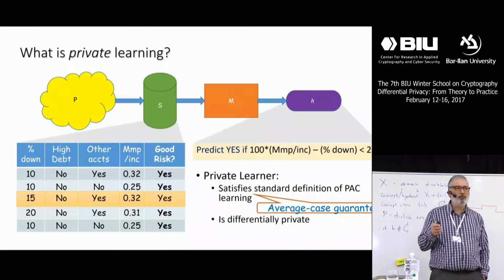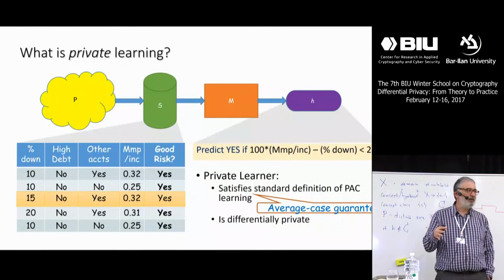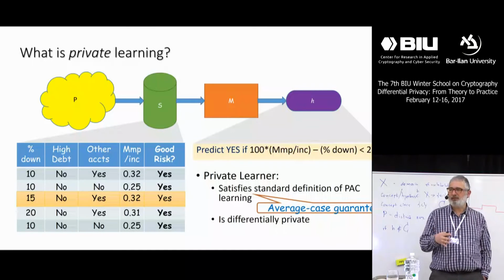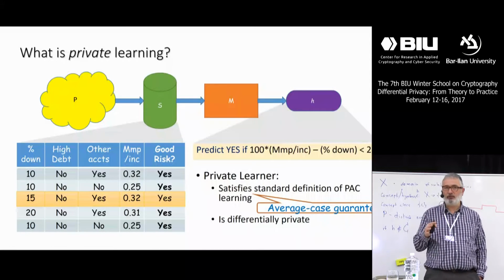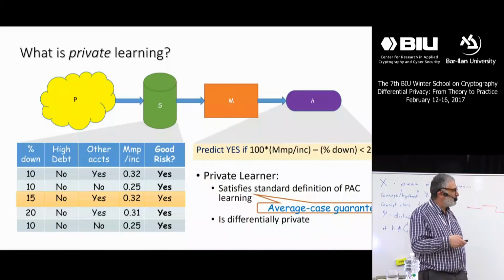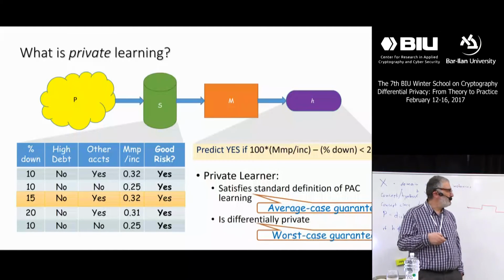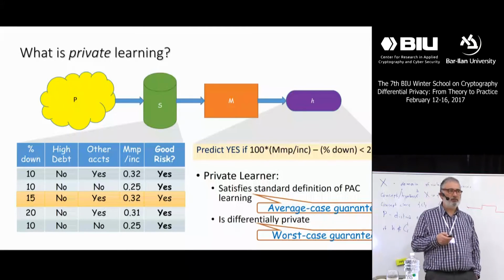We want to get privacy even if our assumption that the input comes from an underlying distribution and that samples are taken IID is incorrect. And we require that we achieve differential privacy with respect to worst case input. So this is a worst case guarantee, okay?